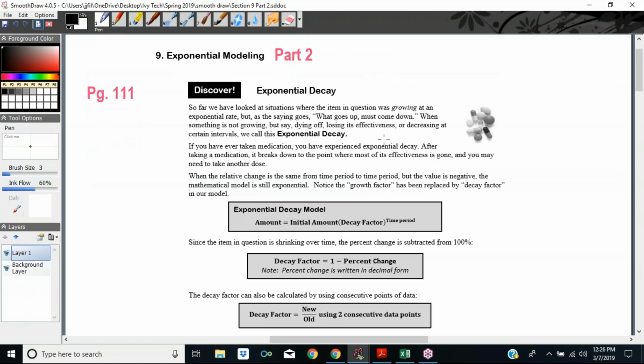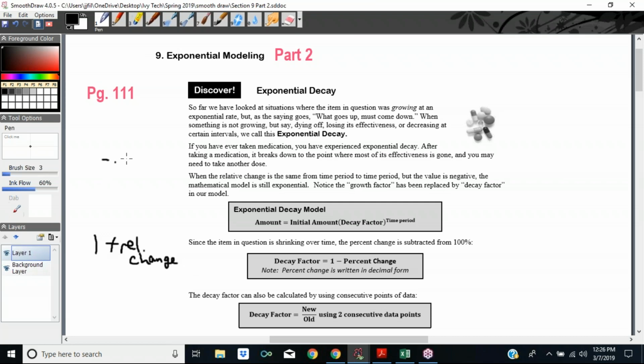So flipping over to page 111, we're going to talk about exponential decay. And again, it's really the same idea. The decay factor is 1 minus the percent change, but it's really still 1 plus the relative change. Now remember that sometimes the relative change is positive and sometimes it's negative.